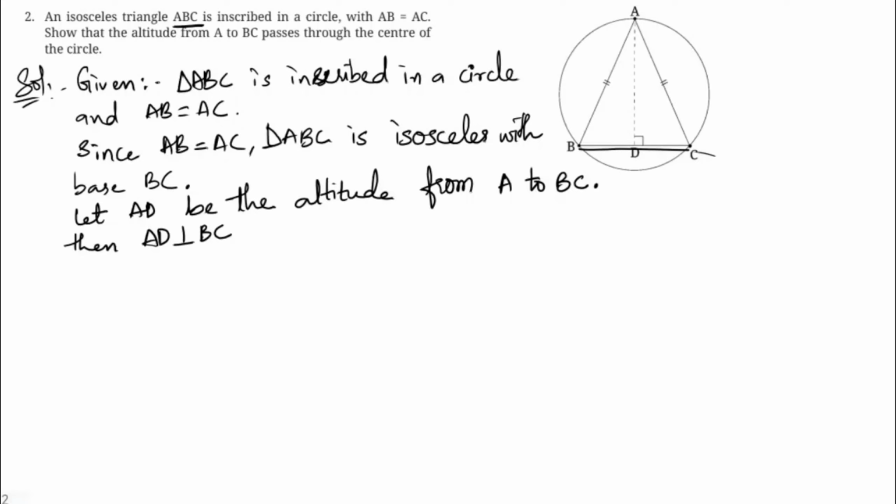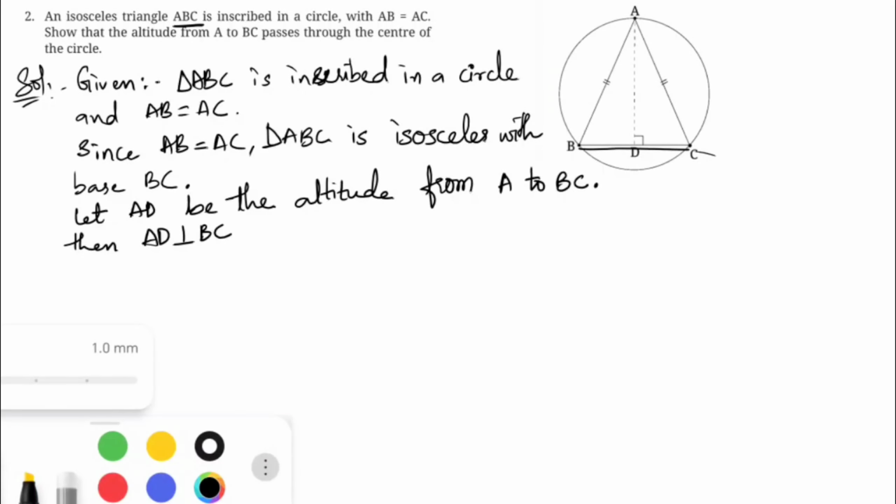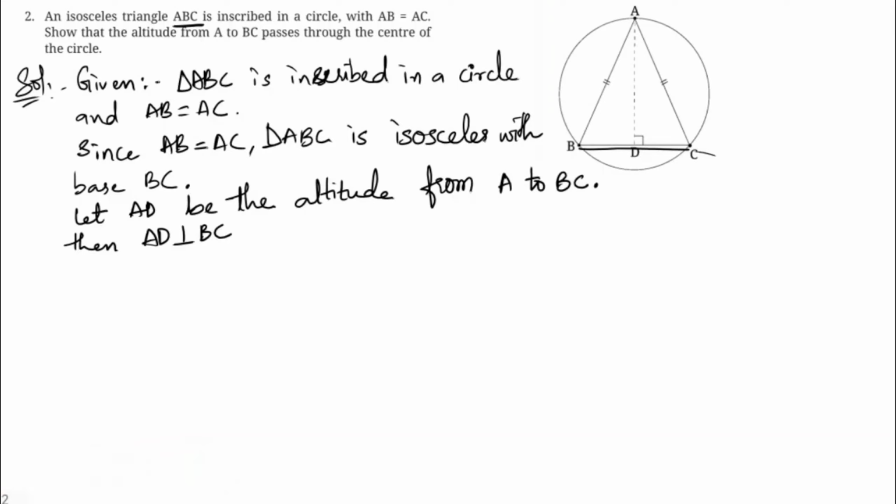So let us take triangle ABD and triangle ACD. In these two triangles we can see that AB is equal to AC, which is already given. So let us write down AB is equal to AC.